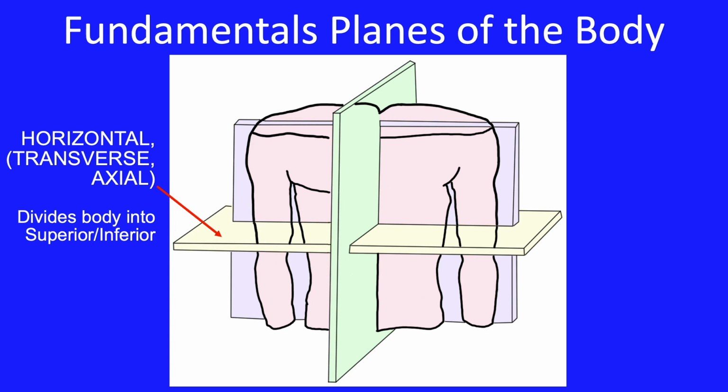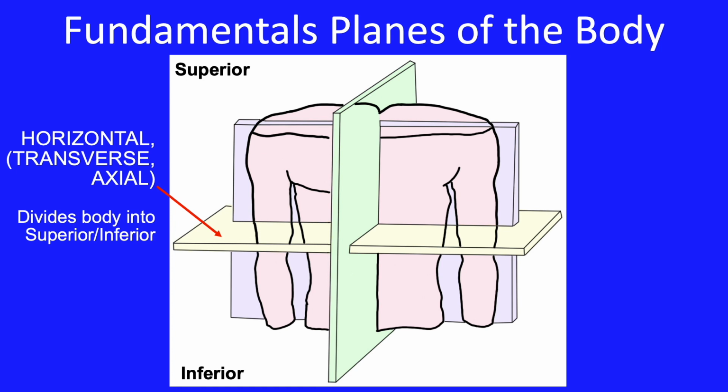It is also termed the transverse or the axial planes. Indeed, CT imaging is usually presented as axial images of the body. The horizontal plane divides the body into a superior and inferior relationship of the structures.